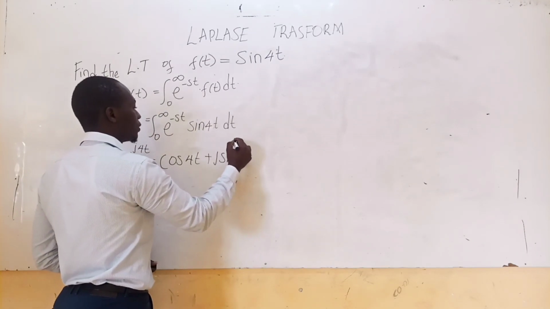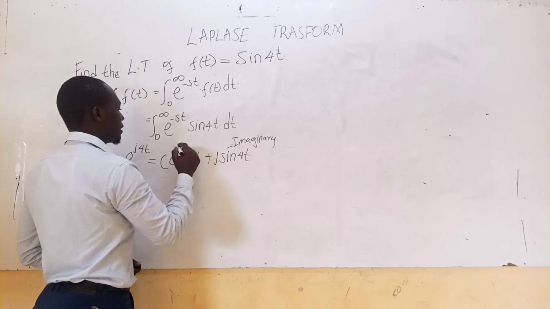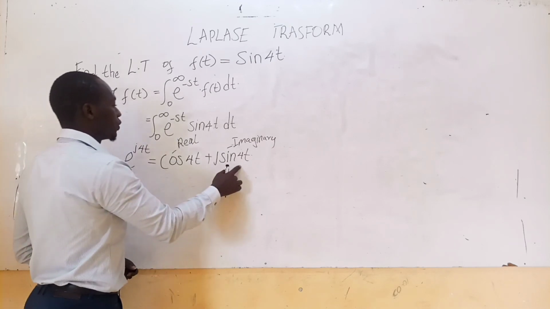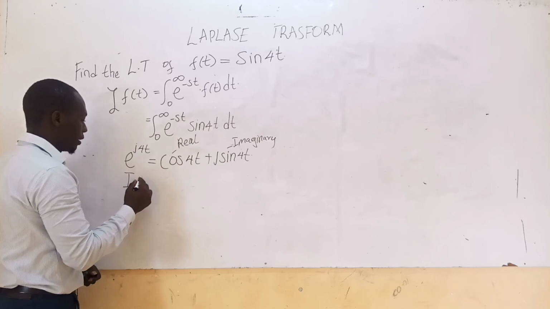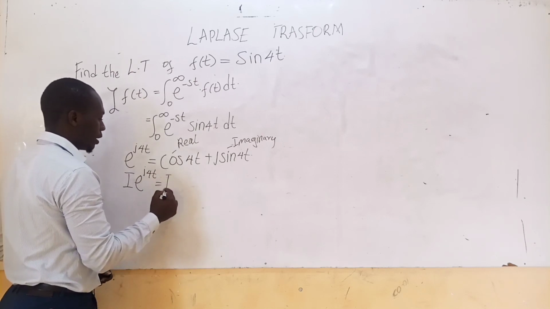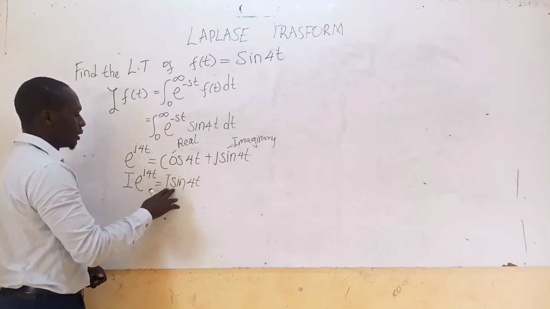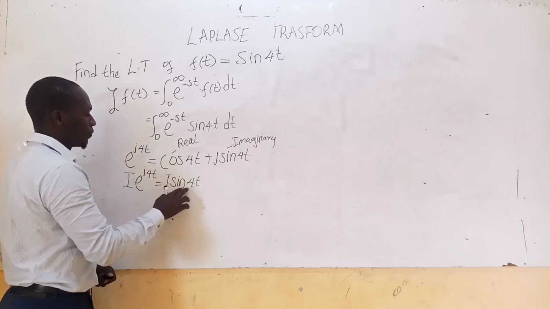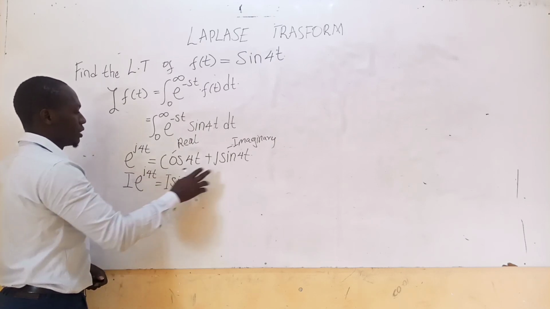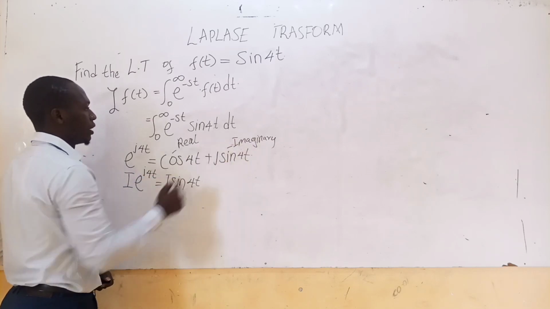This side stands for the imaginary part and this side stands for the real part. Since sine is on the imaginary side, we take the imaginary part: I exponential j a t is equal to I sin(at). That means where we have sin(at), we are going to replace it with I exponential j a t.